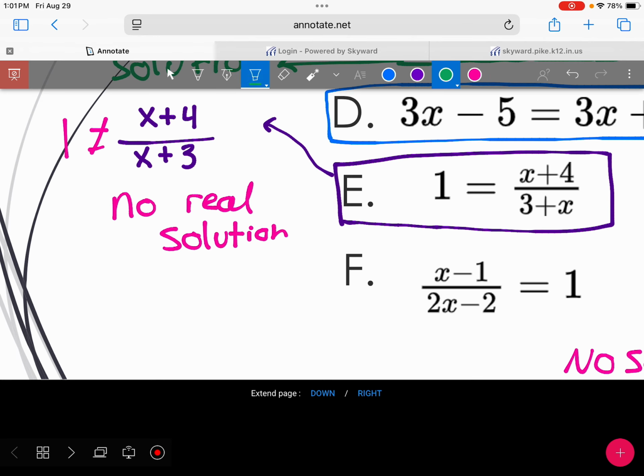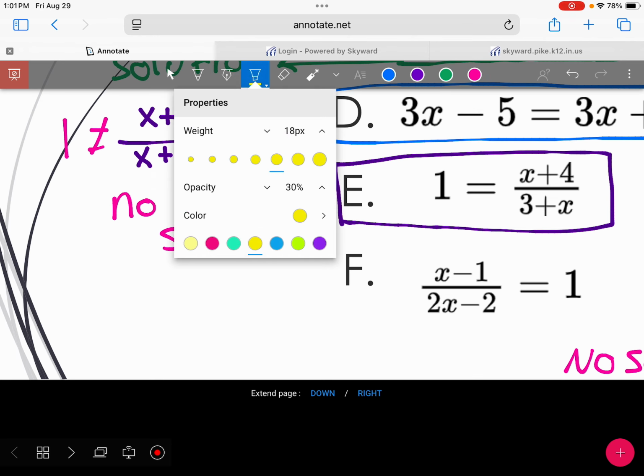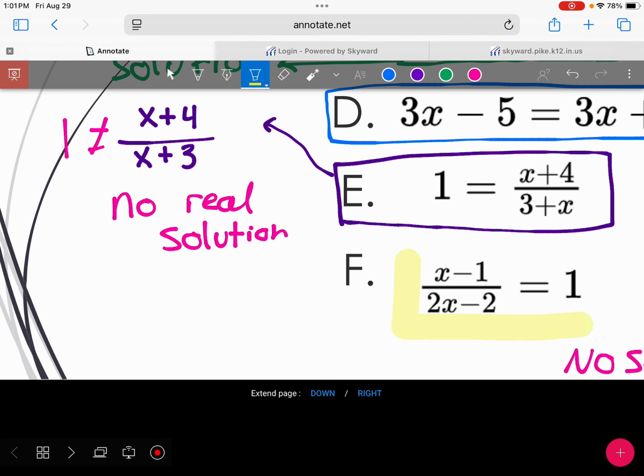This one's probably the hardest one up here. What do you think about this one? Or at least, what do we notice about it? We have our x minus 1 in the numerator.